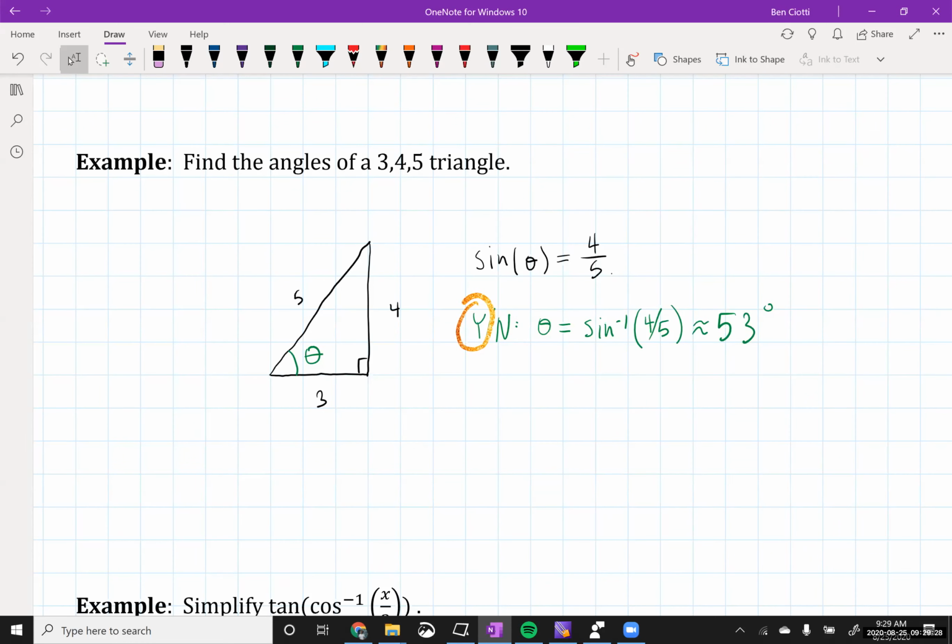Can someone think of another way that I could have found what theta is? I didn't have to use sine inverse. You have some choices here. What's another function I could have used to get what theta is? Oh, cosine inverse, someone says. Okay, I like that. Cosine inverse of what?